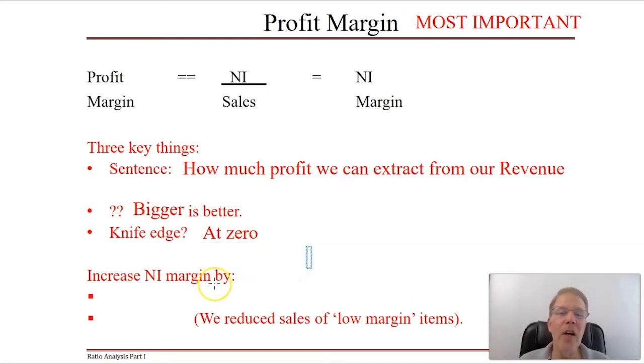Now let's go back to grammar school or high school when we were all first doing algebra and fractions and things like that. For this ratio, forget finance, forget accounting, algebraically, what two things could make this ratio bigger? Obviously, if the numerator gets bigger, that will make the ratio bigger.